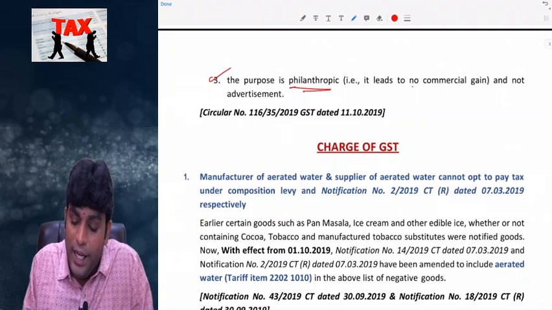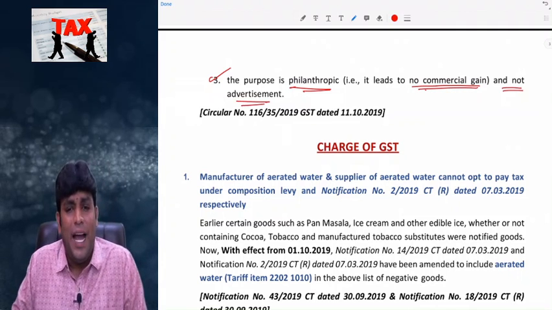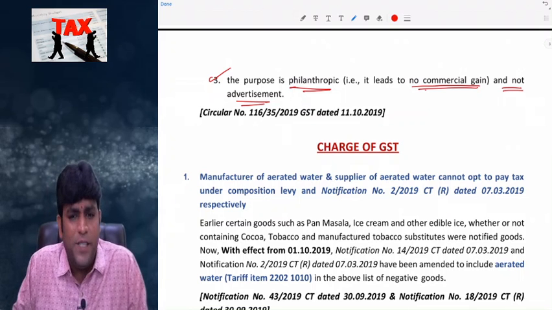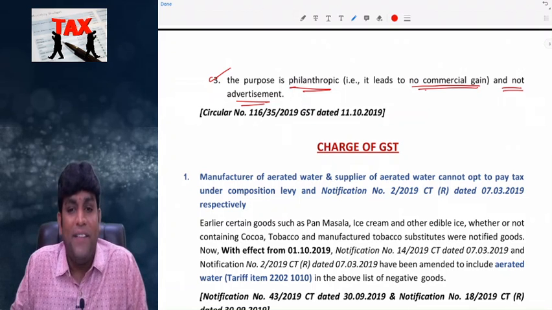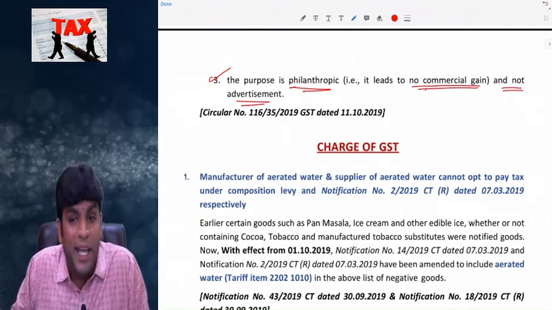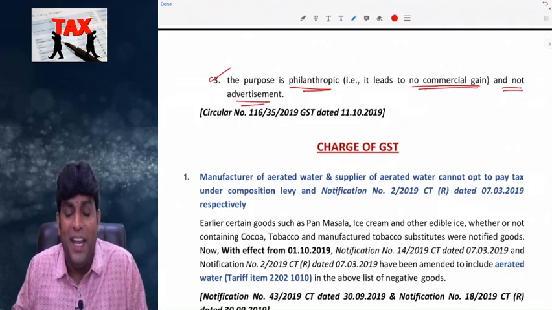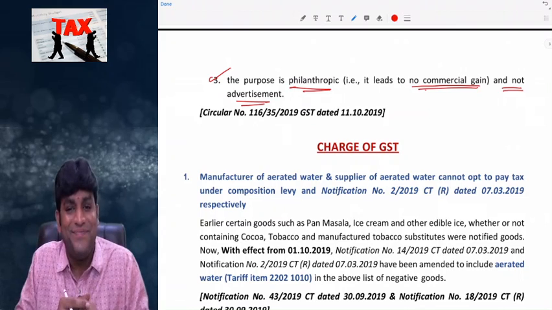That is, it leads to no commercial gain and it is not an advertisement. I did not give to them for the purpose of advertisement. I gave it only out of having an element of charity in my thoughts. But out of affection towards me, gratitude towards me, they displayed my name. But just because they displayed my name doesn't mean that they are providing me advertisement service.